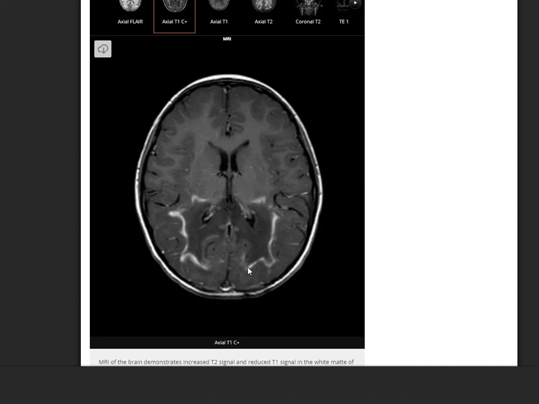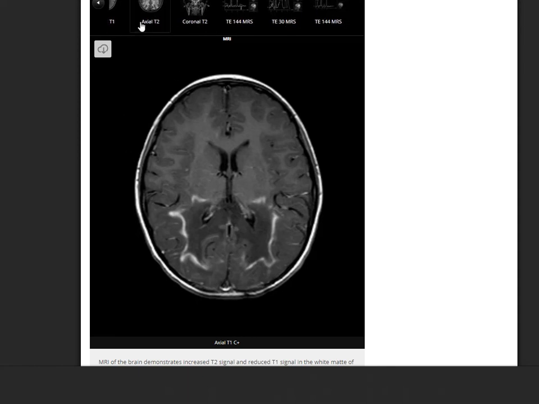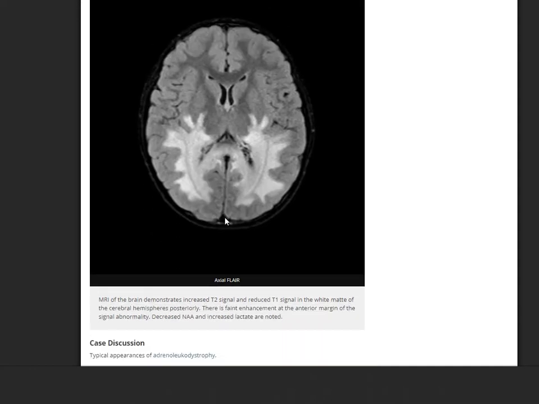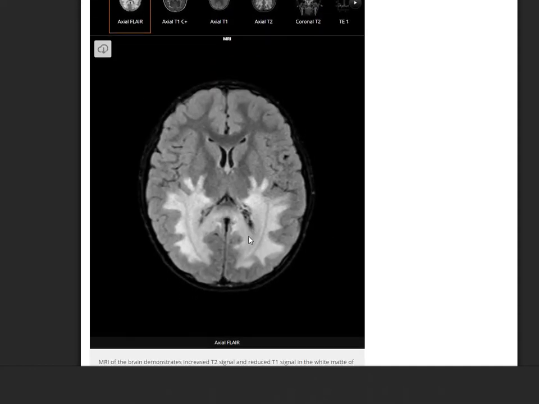And the inflammatory zone is where you will have restriction also. I'm not sure if I have the restriction image over here, but as you can see, there is gross edema of the occipital white matter, and also it is involving the splenium.